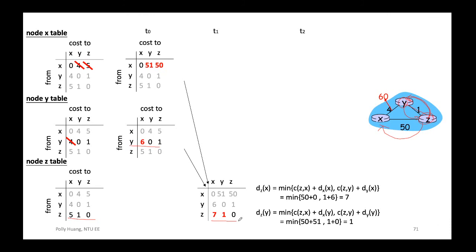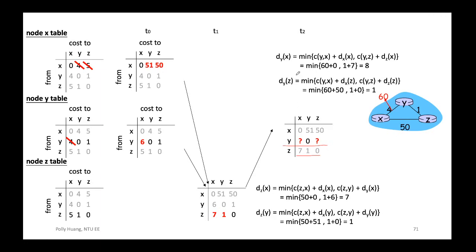If we continue on, as z finishes calculating dz, this is going to go out and reach node y and node x. As a result, node y can calculate dy again, given the new dz. Let me bring up the result. dyx, this value here, is going to be 8.